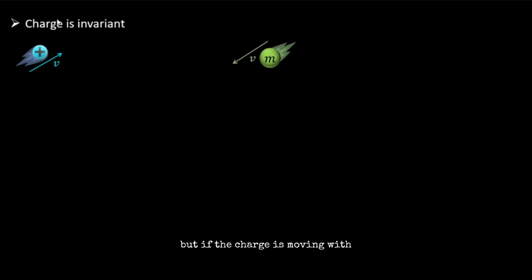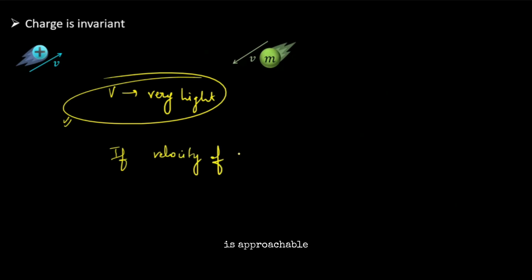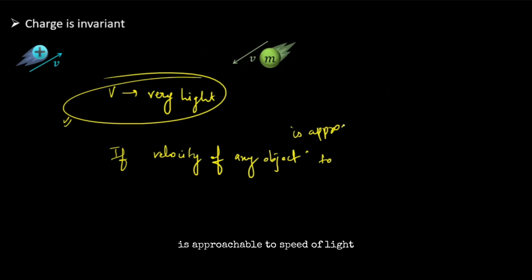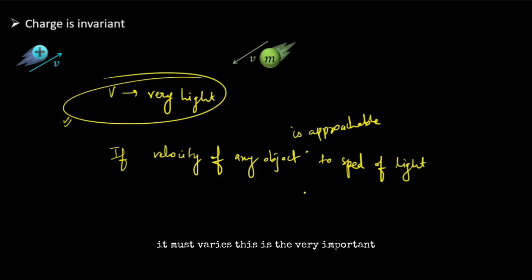But if the charge is moving with very high velocity, approaching the speed of light, there is another relation given by Einstein which says its mass varies.